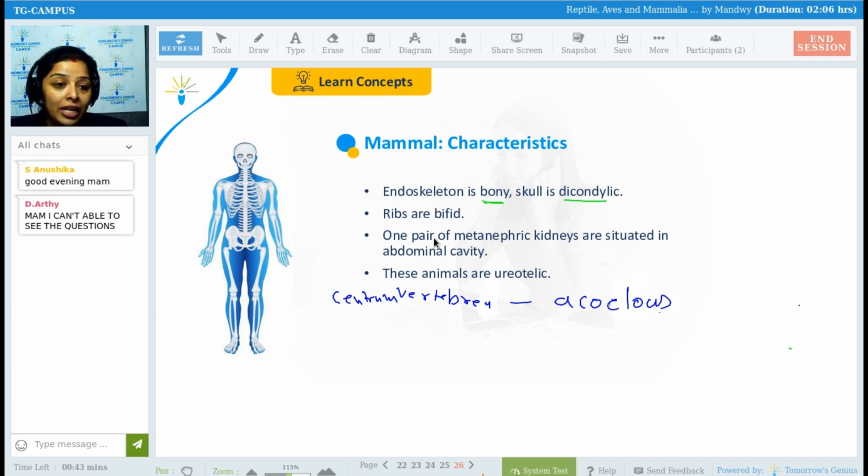One is heterocoelous. Heterocoelous means both things are there. Means the ends are flat and the center is the saddle shape. Clear? So acoelous means throughout the centrum is flat.